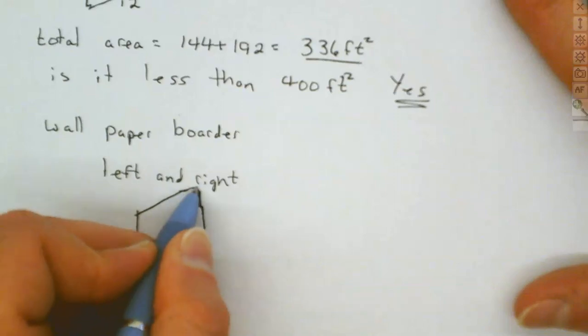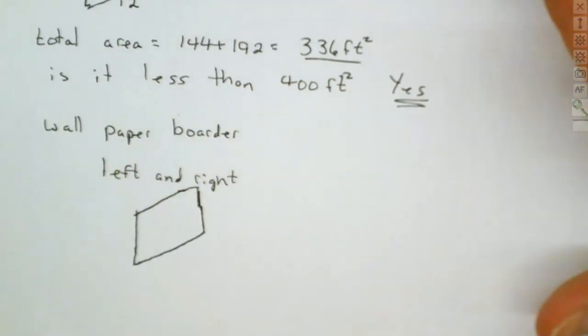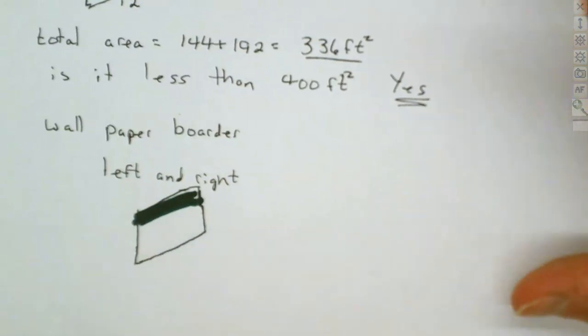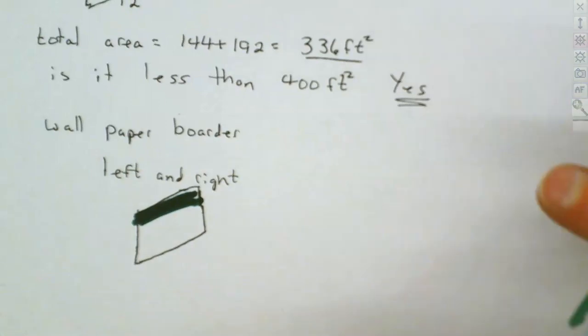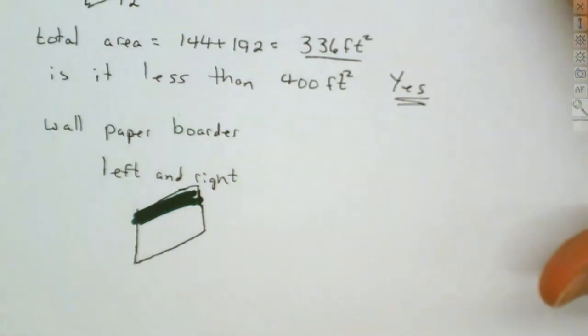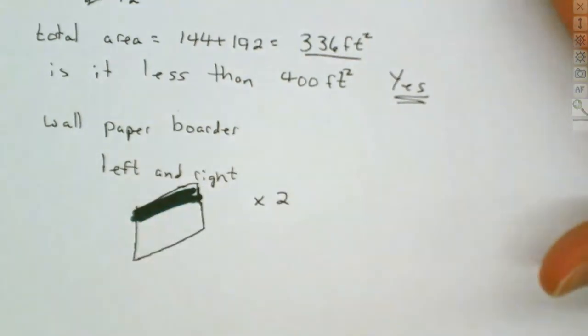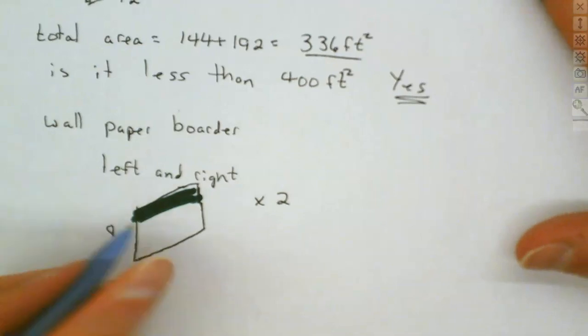If we want to paper this border, what does that look like? The wallpaper border is going to be right along the top, isn't it? And we need 2 of them because we have a left and a right again. And this is 8 feet by 12.